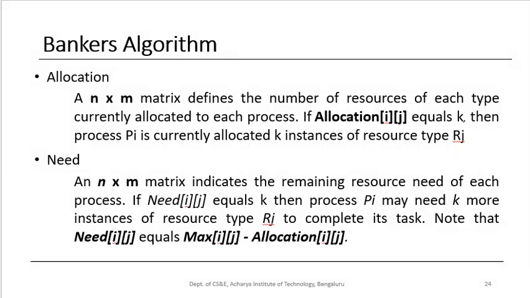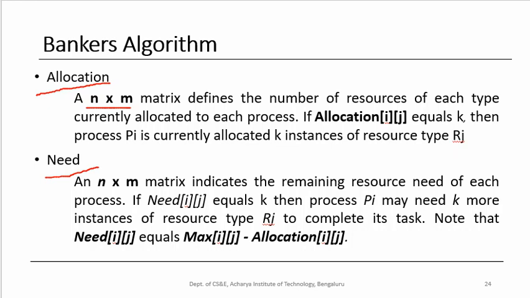Okay, so available and max. The other two data structures used by this algorithm are allocation and need. The allocation will give us, at any point of time, how many instances of a resource type are allocated to a particular process. Here it is an n cross m matrix. And we use one more data structure for realizing the banker's algorithm, that is need.